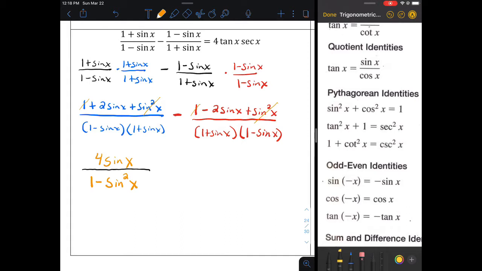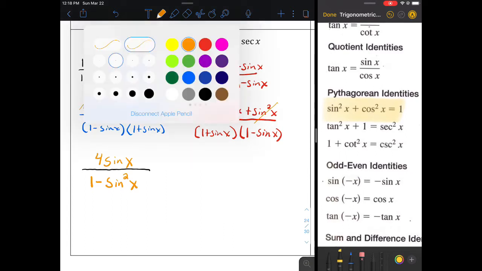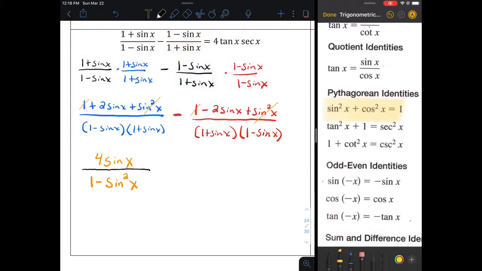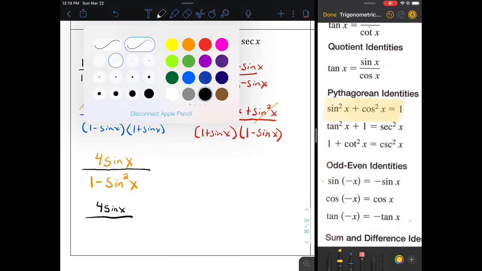That's a Pythagorean identity for me, where if I take sine squared plus cosine squared x equals 1 and just subtract the sine squared to the other side, that gives me 4 minus sine x divided by, or not 4 minus sine x, what am I doing? 4 times sine x divided by cosine squared.